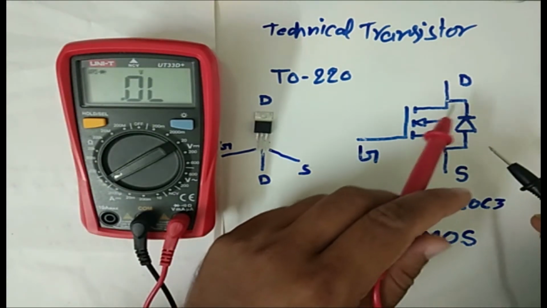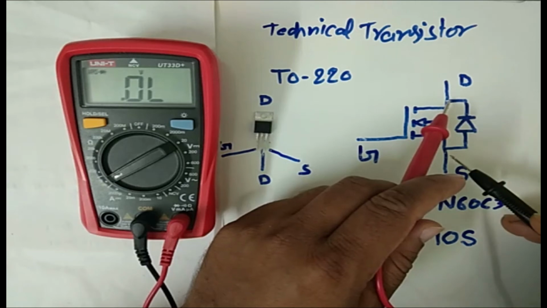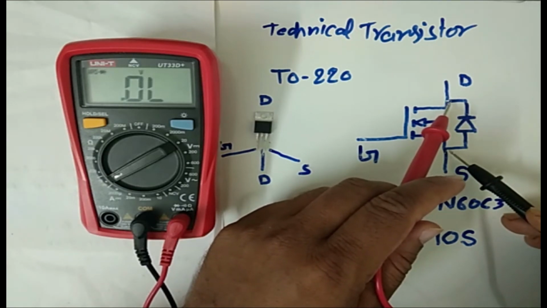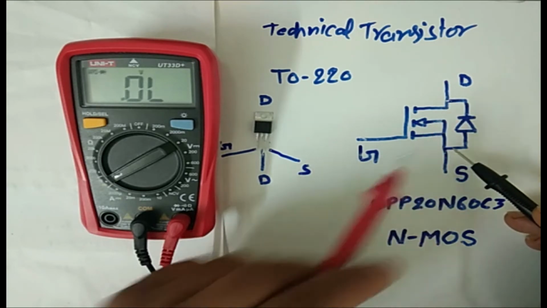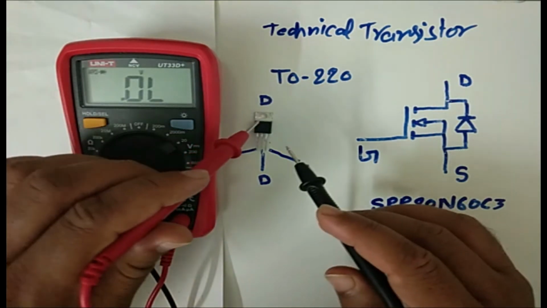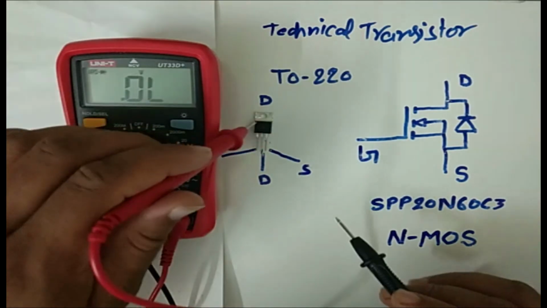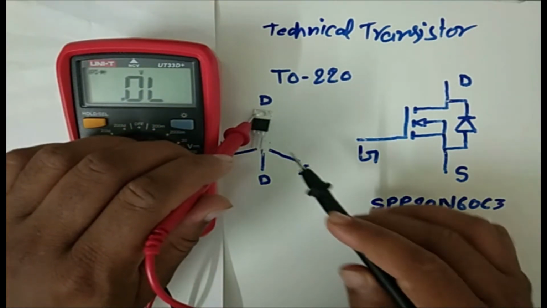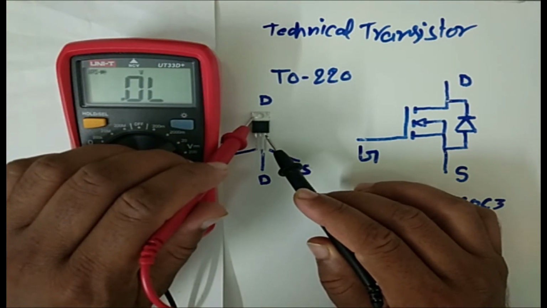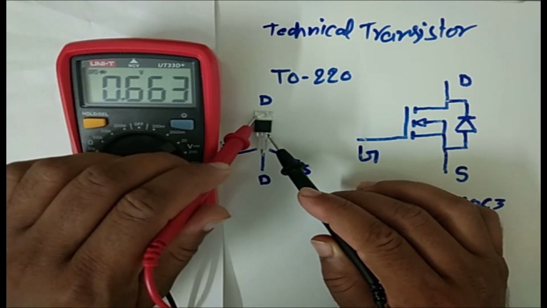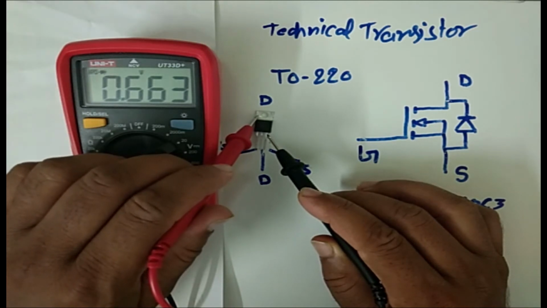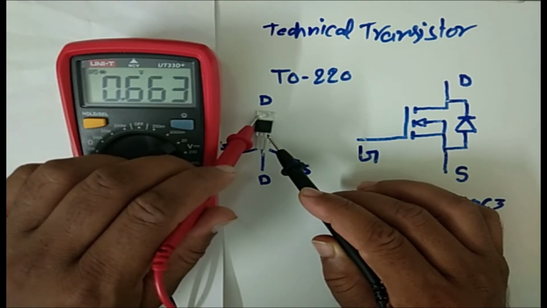If you put the red lead here and black here, it will show some value. So you can say that the MOSFET is in on condition. Now I will put the red lead here and black at the source. It is showing some value. So you can say the MOSFET is in on condition. But in the off condition, it will show open in this condition.